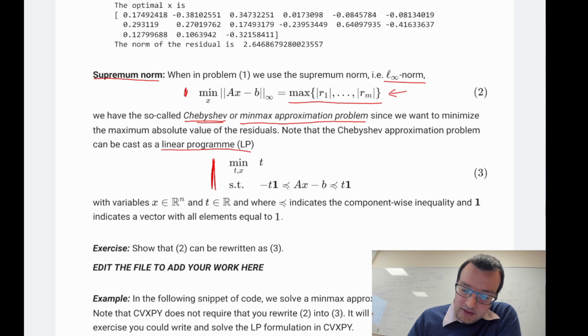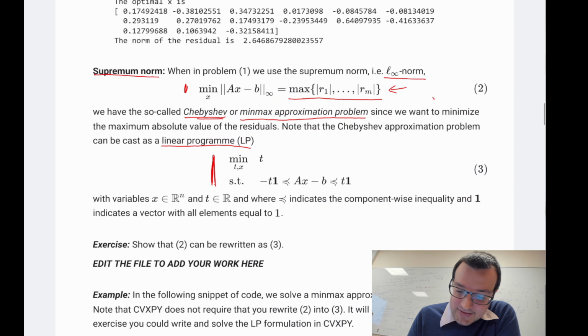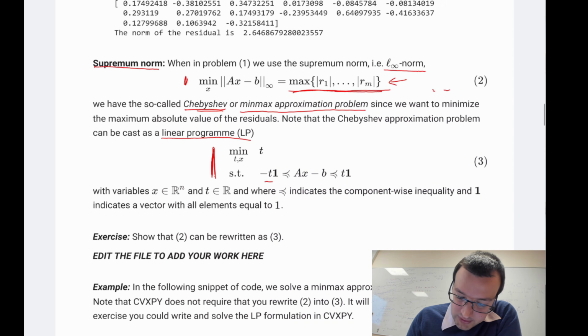So remember that what we are trying to achieve is to minimize the maximum absolute value of the residual. Here we have this constraint, and in this constraint we see that Ax minus b is a vector of residuals.